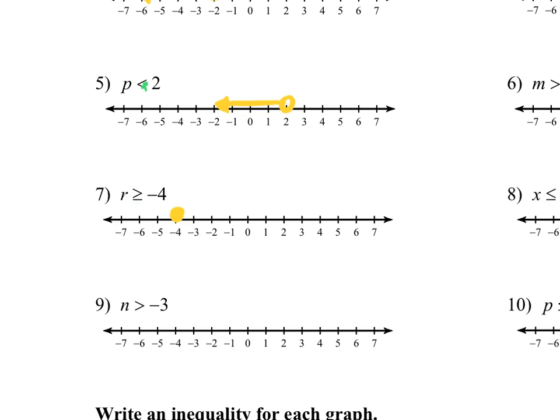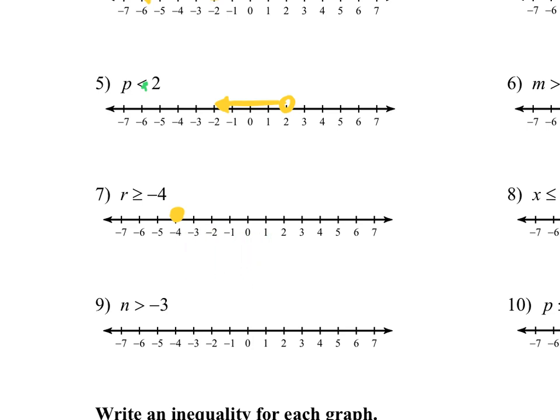Now, looking at this one, what is the inequality eating? The R. So that R has to be bigger than negative 4. Well, which direction shows the numbers getting bigger? Right. To the right.